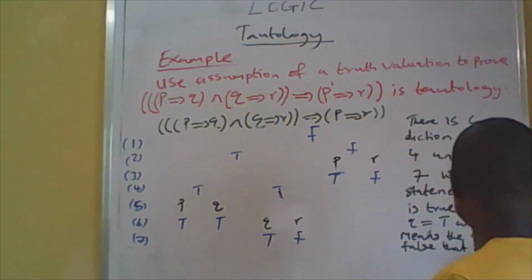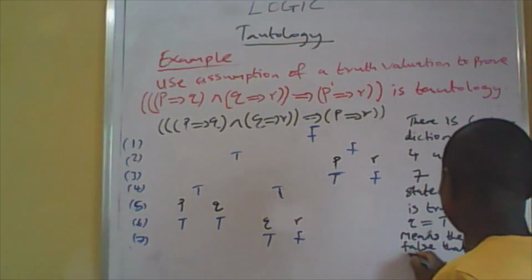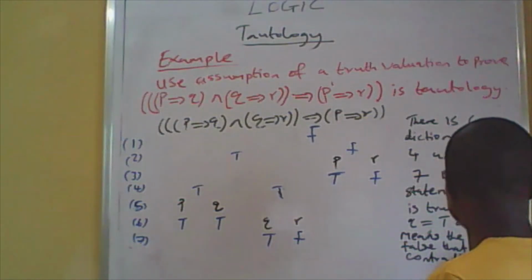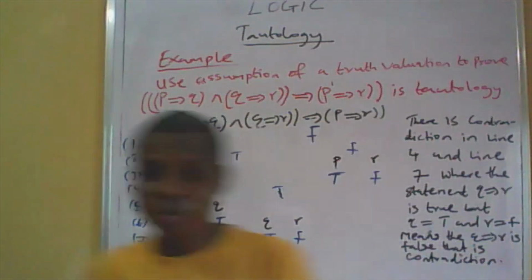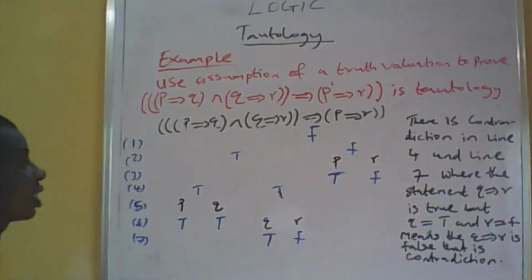That is a contradiction. We say that there is a contradiction in line 4 and line 7.